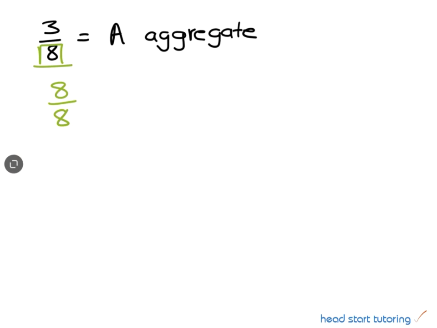So because in this question only 3/8 of the grade receive an A aggregate, if we would like to find out what fraction of the grade does not receive an A aggregate, we need to minus our 3/8 from our 8/8, and that will give us our answer. So because our denominators are the same, we can just minus our numerators. So 8 minus 3 is equal to 5. So 5/8 of the grade do not receive an A aggregate.